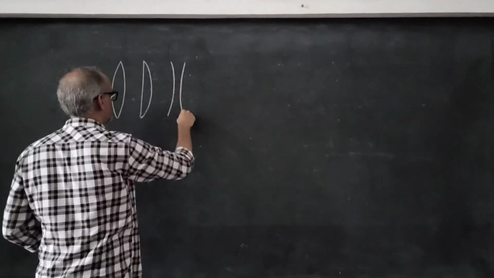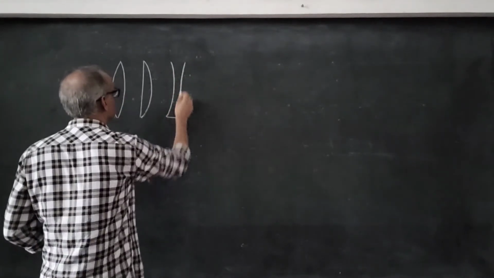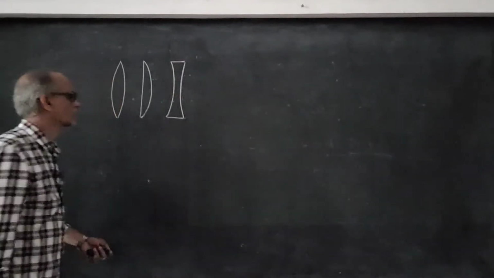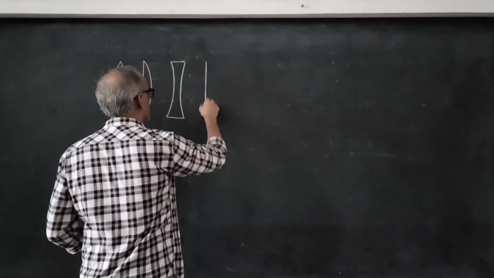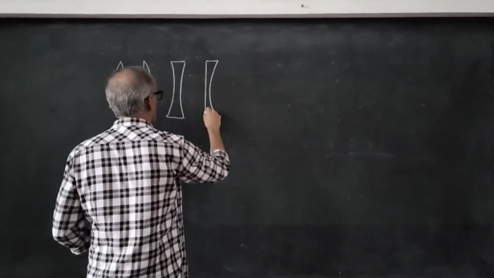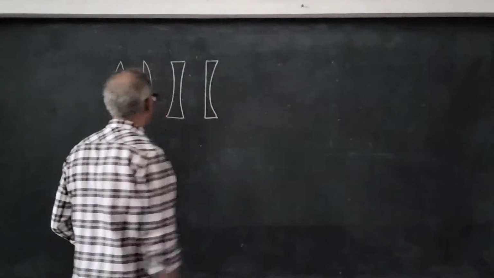So we have another lens, and again if it is cut, we get this type of the lens.